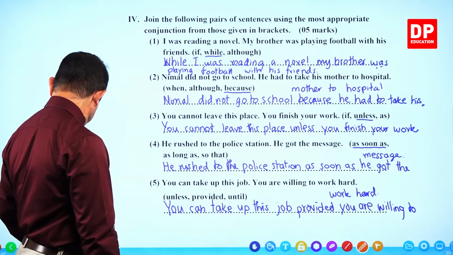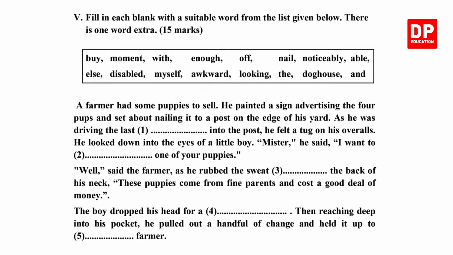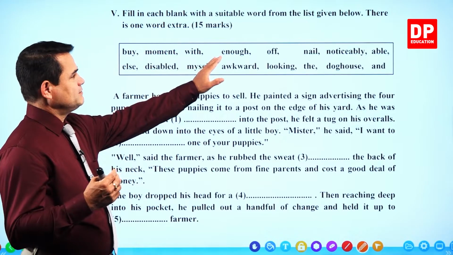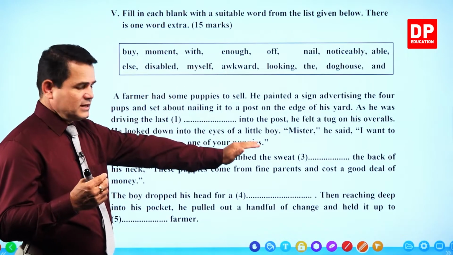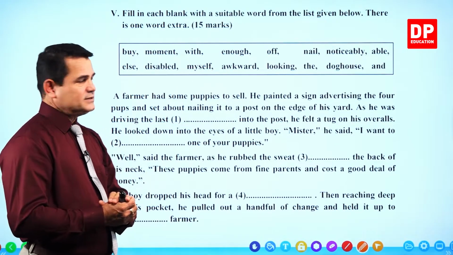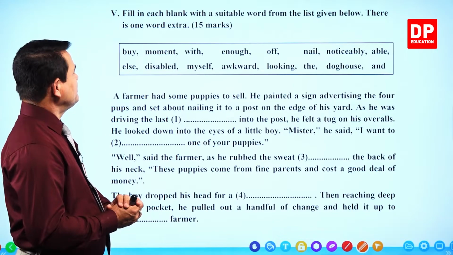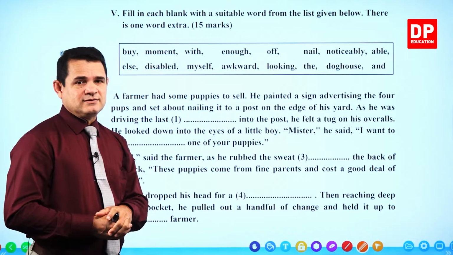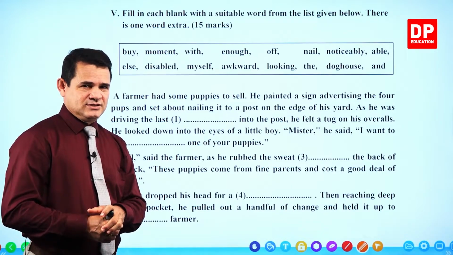Look at the next question. Fill in each blank with a suitable word from the list given below. සුදුසු වචනයක් තෝරගෙන මේ දීලා තියෙන වචනේ සුදුසු එකක් තෝරගෙන හිස්තැන් පුරවන්න තියෙන්නේ. Right? There is one word extra. එක වචනයක් වැඩිපුර තියෙනවා. එහෙනම් පොඩ්ඩක් challenging, right?